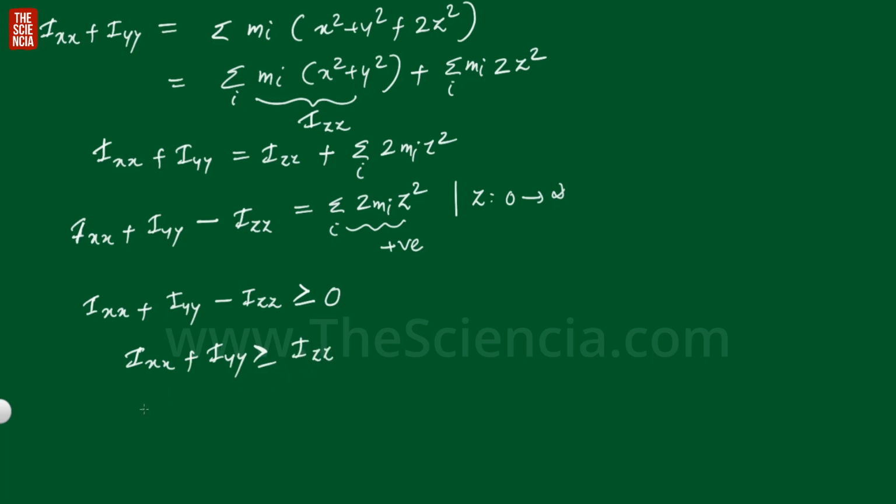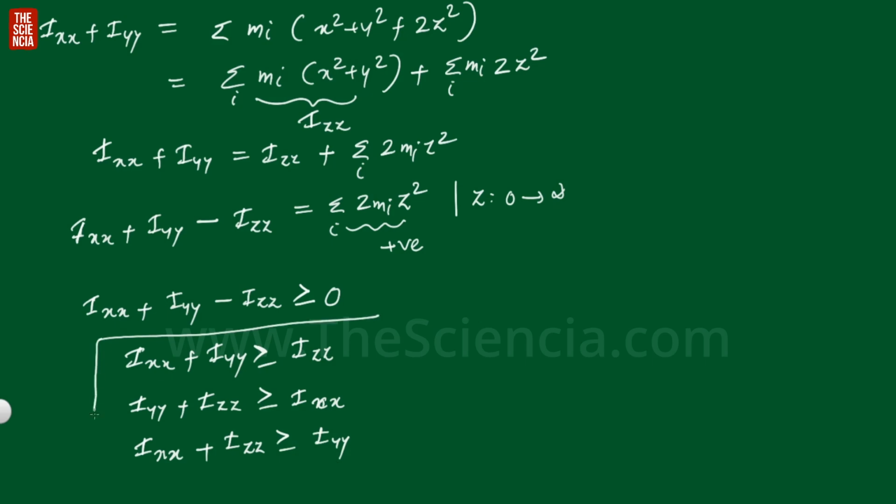Similar to this equation, I can write Iyy plus Izz will be greater than or equal to Ixx, and I can write Ixx plus Izz will be greater than or equal to Iyy. So this is an important property of moment of inertia.